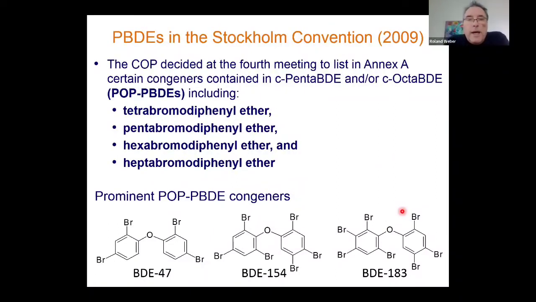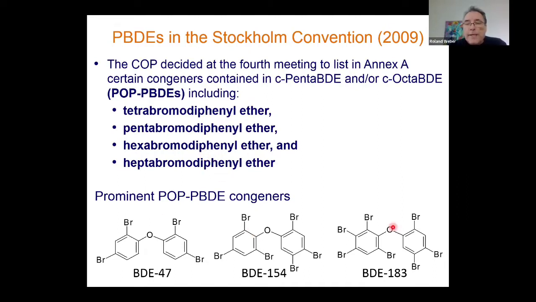When we look into details of how the PBDEs were listed, the Conference of Parties decided at the fourth meeting in 2009 to list certain congeners and homologues. These are the tetrabromodiphenyl ethers, pentabromodiphenyl ethers, hexabromodiphenyl ether and heptabromodiphenyl ether.